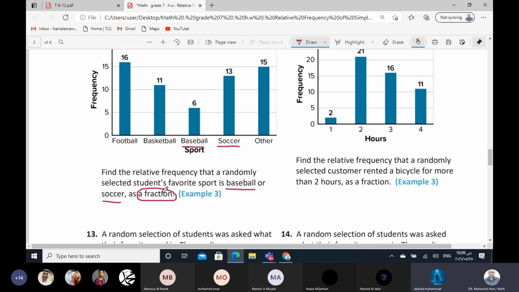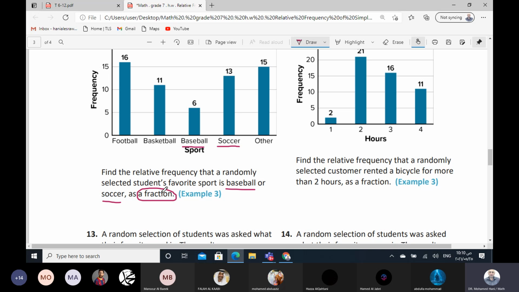Mister, I say 0.14. Thank you, Abdullah. Who has different answer? Mr. I say 0.16. What is your name? Falah. Thank you, Falah. Who has different answer? Muhammad, 0.6. Thank you, Muhammad.